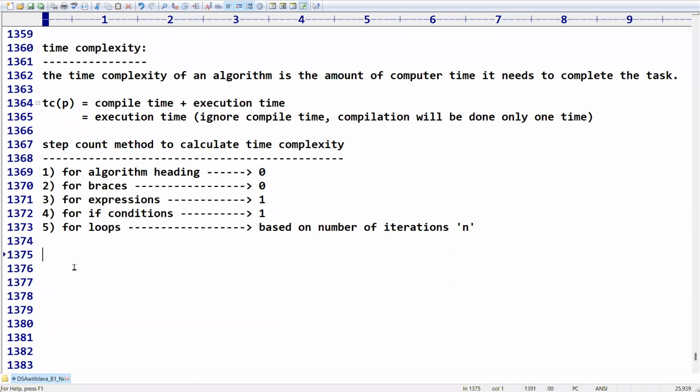If you take Java or Python, irrespective of operating systems, the time complexity is the same. Sir, what I'm asking is, if the same program runs on a medium-level processor or a high-end processor, will the time change? No, there will be the same time complexity. Time won't change, sir.